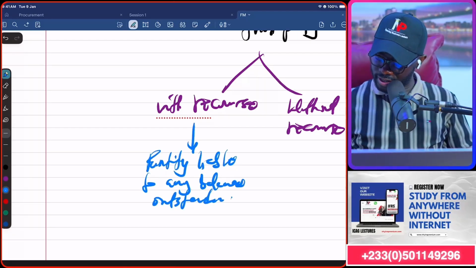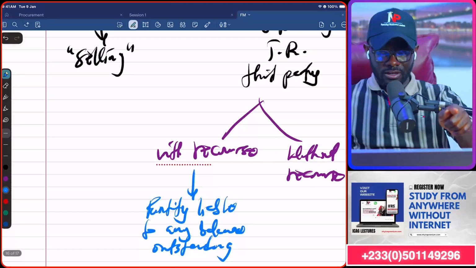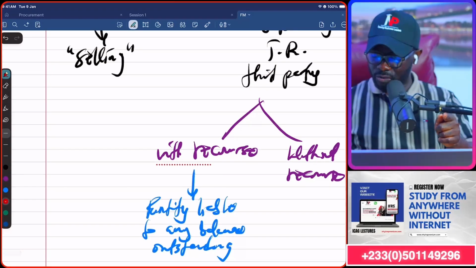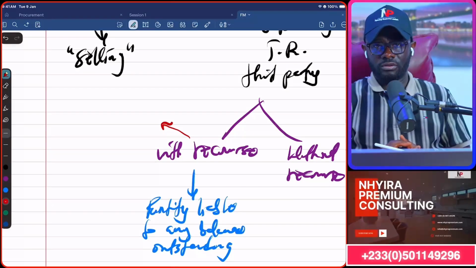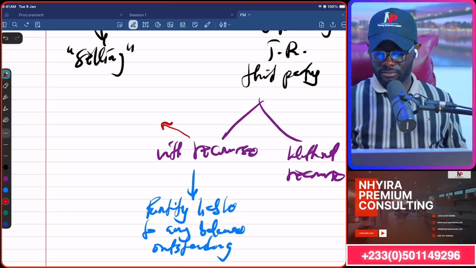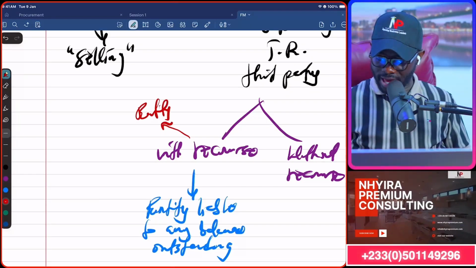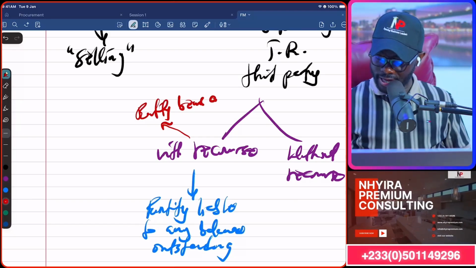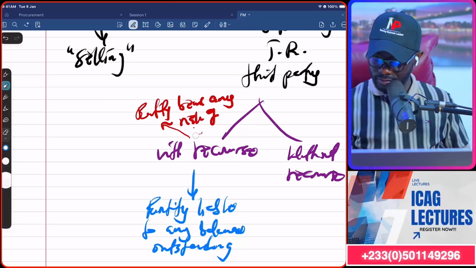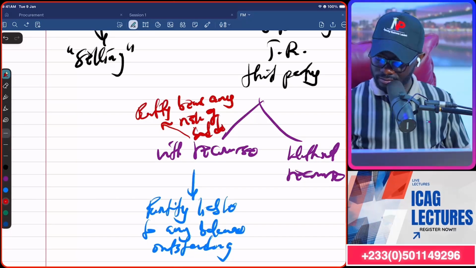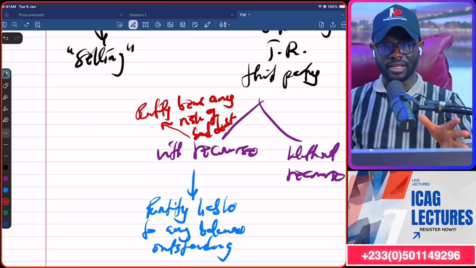In other words, under debt factoring with recourse, the entity bears any risk of unpayment. Okay? So the entity bears any risk of bad debt. That's the idea.